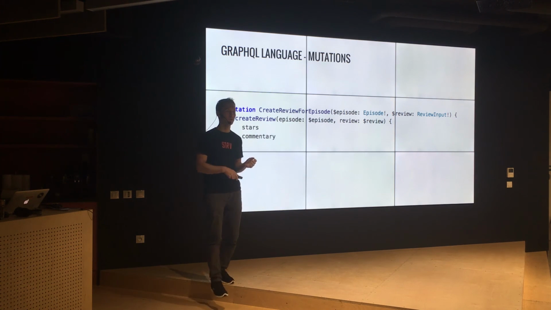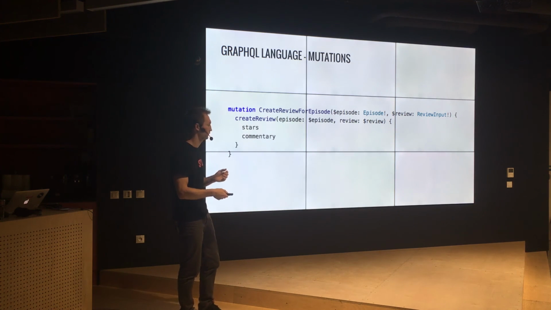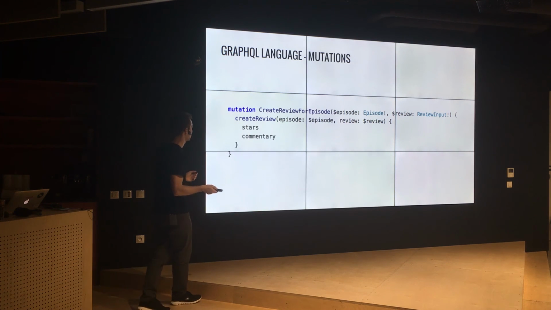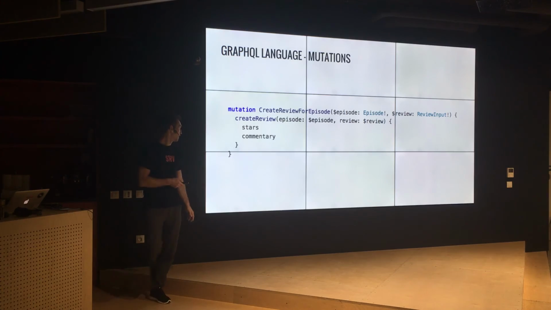You can imagine in a REST API it would be like a POST to the server, and the POST can give me some data after it was done. So this is something similar: you are executing some action, and after that action you are defining this selection set, what you want to retrieve after the action is done.